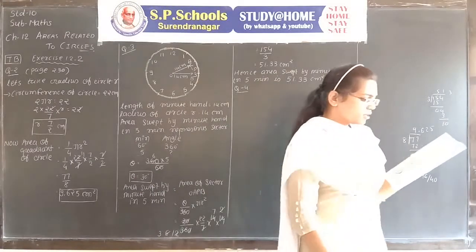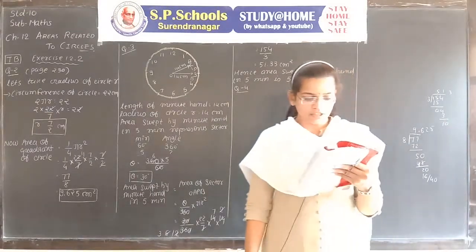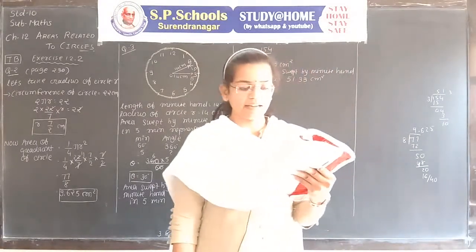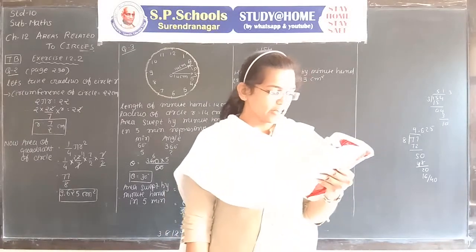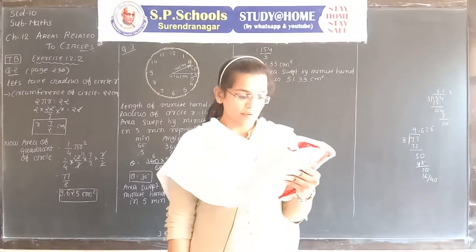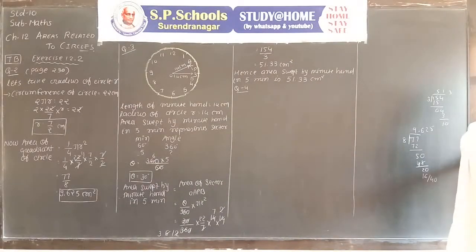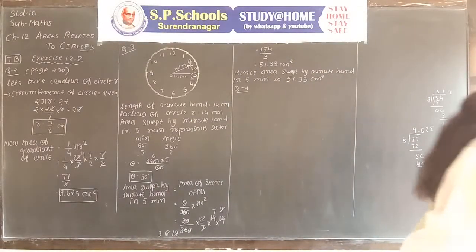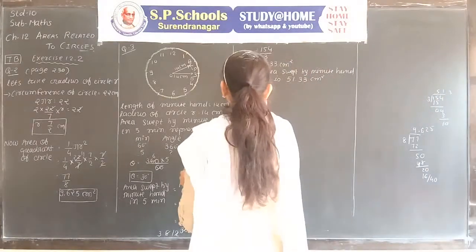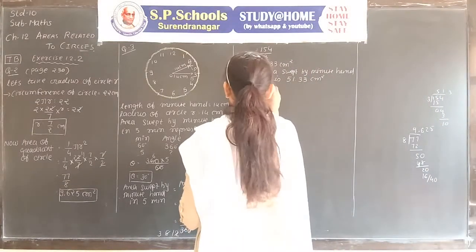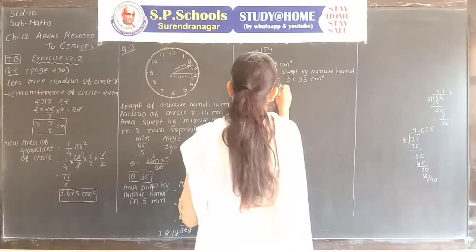A chord of a circle of radius 10 centimeter subtends a right angle at the center. Find the area of the corresponding first, minor segment and second, major sector. First draw the figure for that. One circle. The question is on the same page, 230.